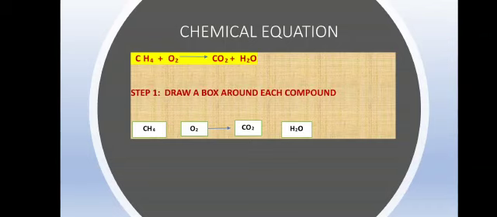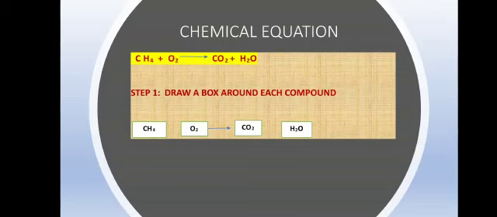For that, I have taken one equation, that is CH4 plus O2 gives CO2 plus H2O. When I am explaining, you also practice the same. Step by step, we will learn this method. First step, draw a box around each compound.